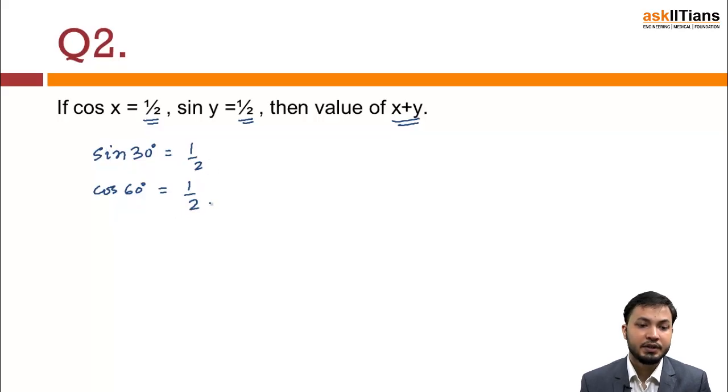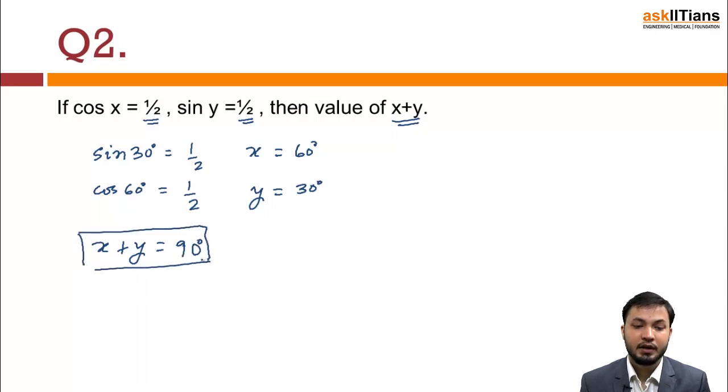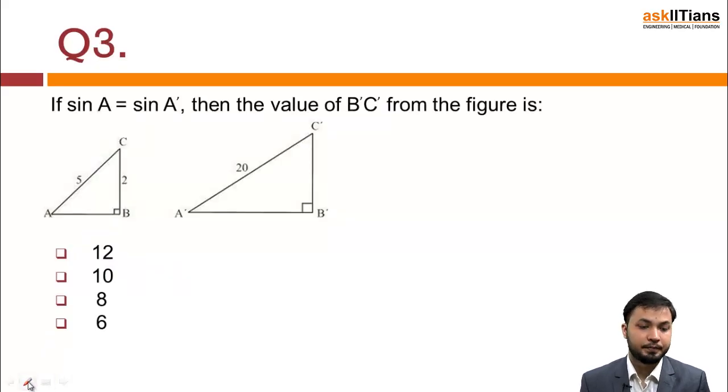So in this case I can get that my x shall be equal to 60 degree and my y shall be equal to 30 degrees, right? So my x plus y is equal to 90 degree. So that is the solution for our second question. Alright, let's look at the third question.